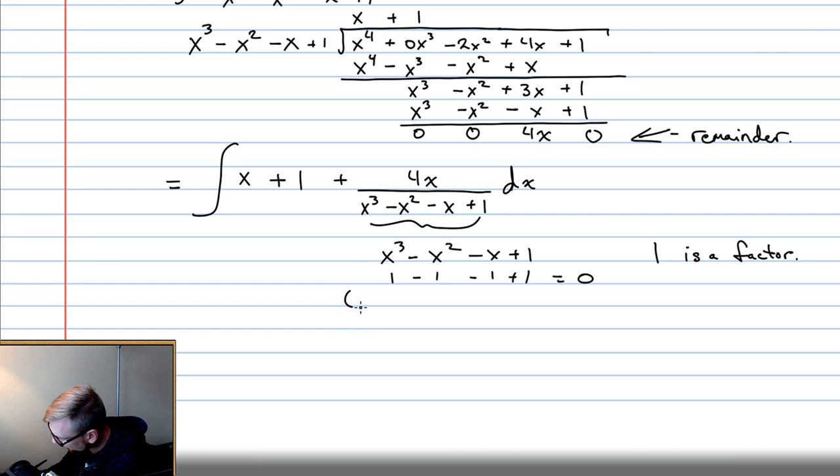Okay, so x minus 1 is a factor. And then we're going to multiply that onto something to give us our x cubed. So that'll be some kind of x squared. And let's see. Minus x squared.